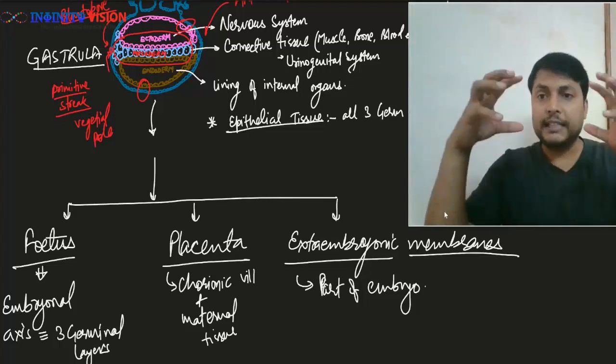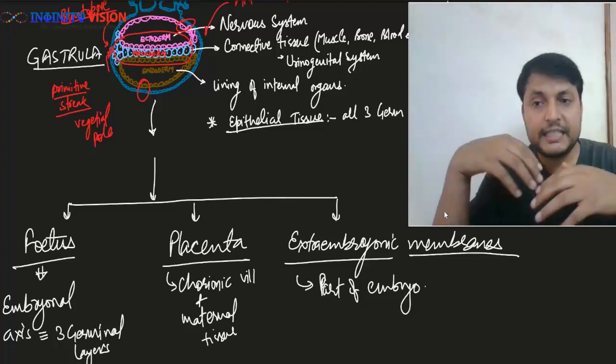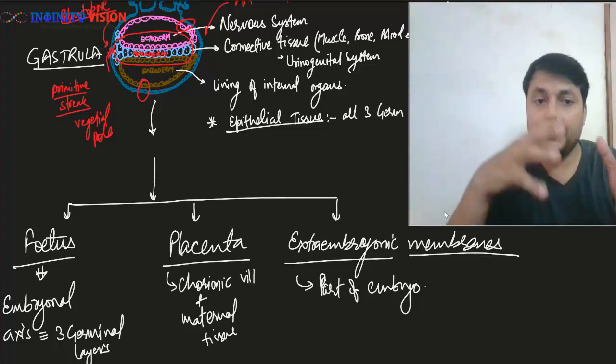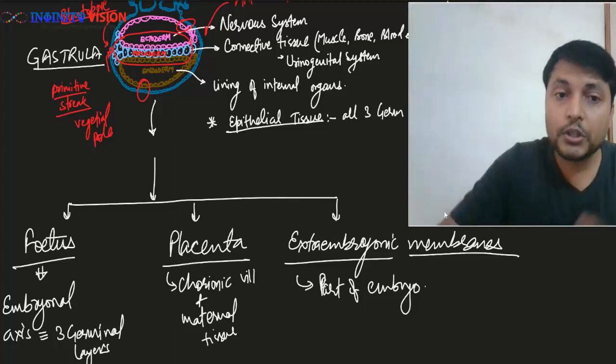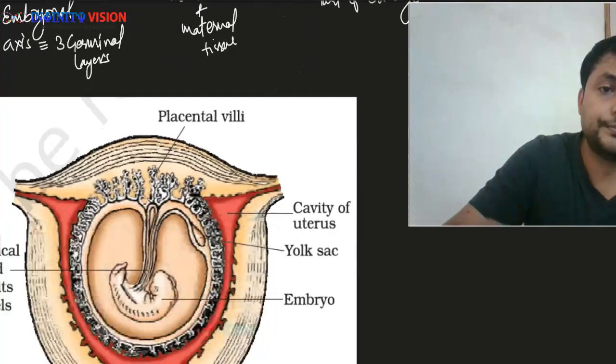Great. So this entire structure is now going to get segregated into three parts, that is fetus, placenta, and extra embryonic membranes. How do they look? Let us have a figure here.